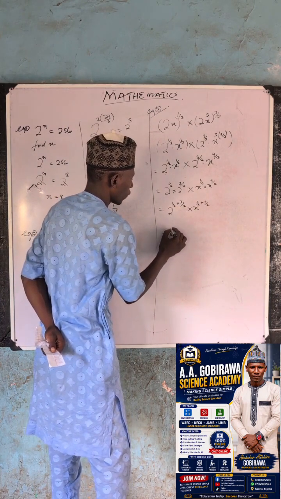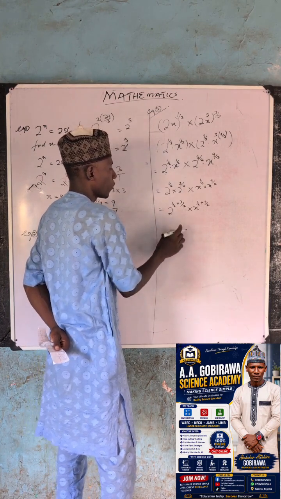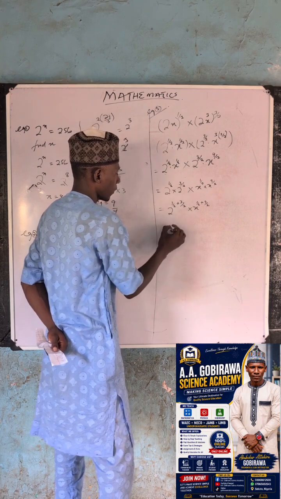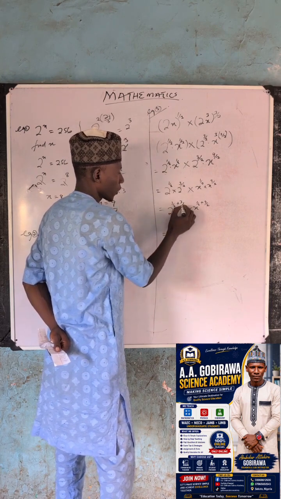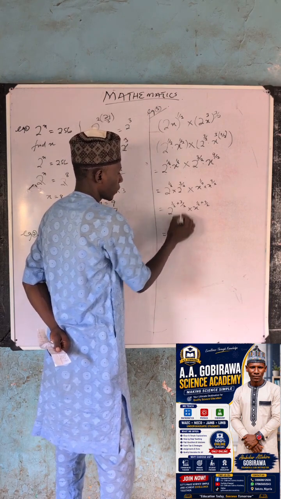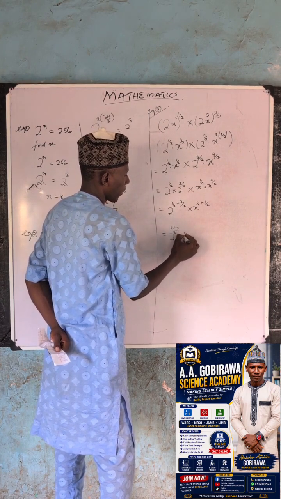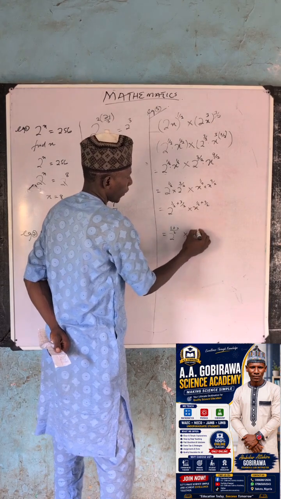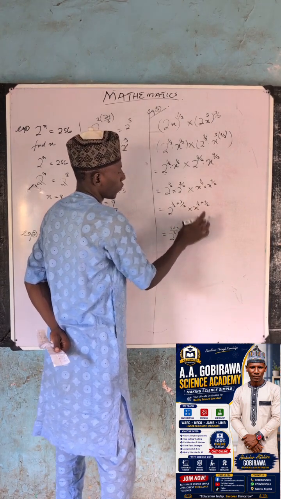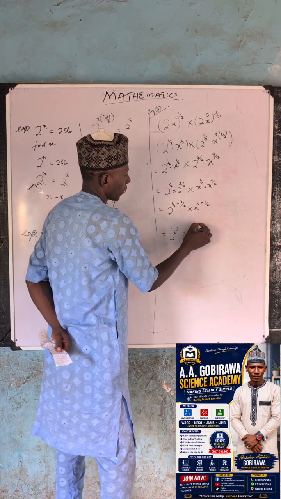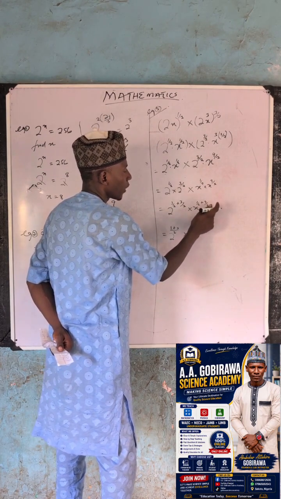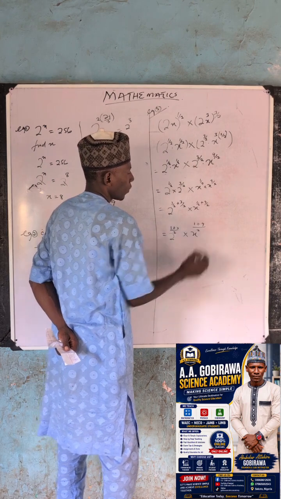Our LCM here is 2. 2 goes into 2 once, so we have 1, plus 2 goes into 2 once, 1 times 3, then multiplied by x power, where our LCM here is 2. 2 goes into 2 once, 1, plus 2 goes into 2 once, 1 times 9.